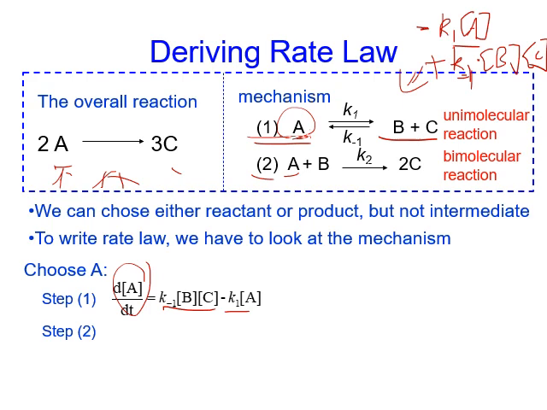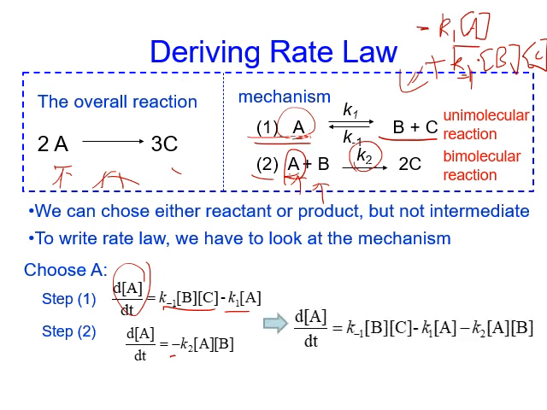Now the second step also involves A, and it consumes A. So the forward reaction is k2 times the reactants, which are A and B. It's a second order reaction. You have a negative sign because it consumes A. And therefore the total A change, you combine them together.